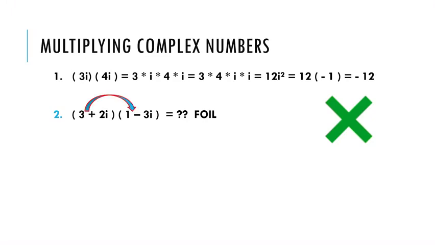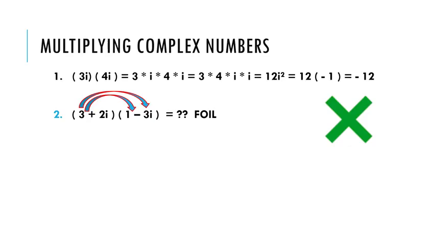Okay, you'll do 3 times 1, which is 3. This is the FOIL process. You'll do 3 times -3i. So let me write this out. You did 3 times 1 first, plus then you did 3 times -3i.